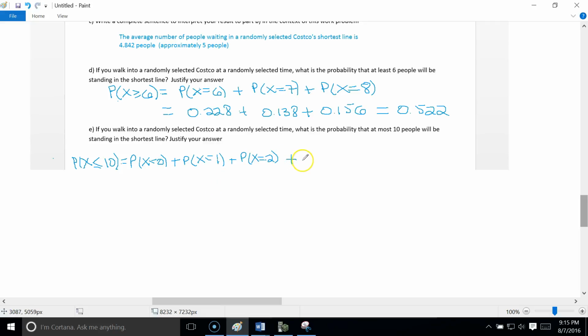So we keep going for all of them, until we get to plus the probability that x equals 8 plus the probability x equals 9 plus the probability that x equals 10. Okay. I guess I could have just put all those in one.